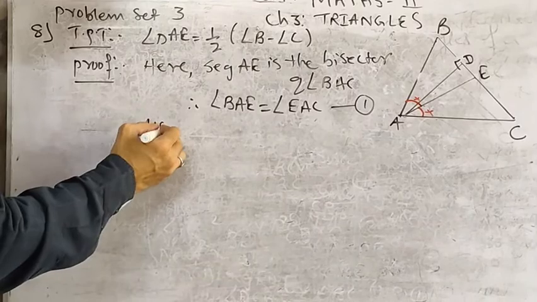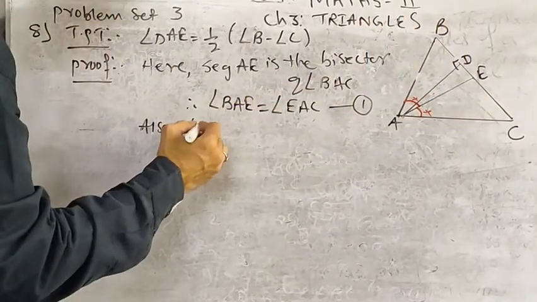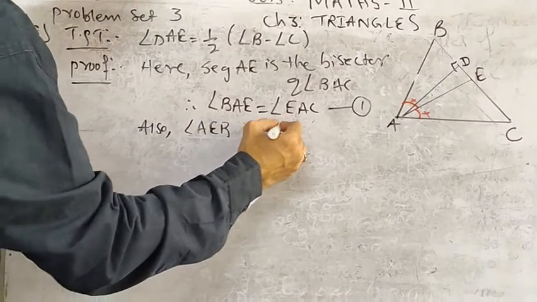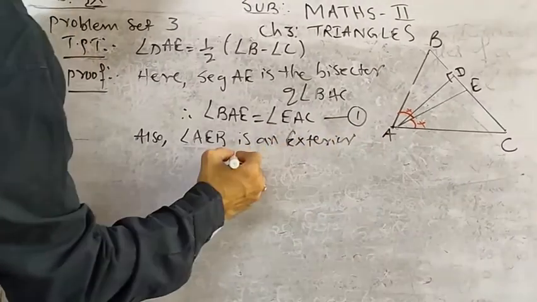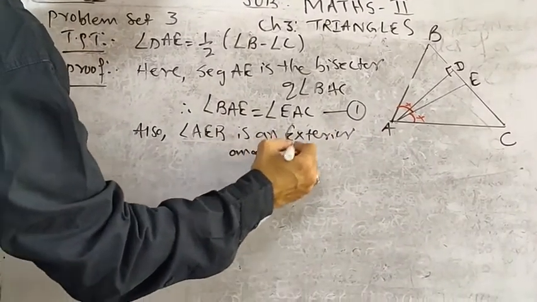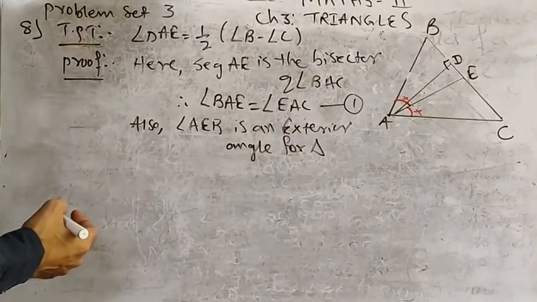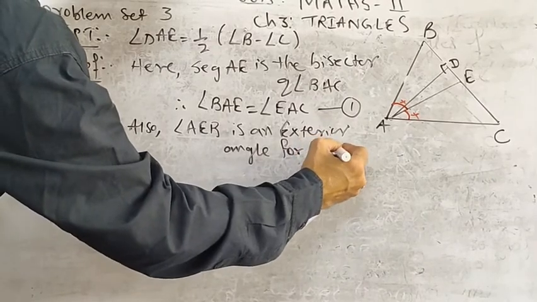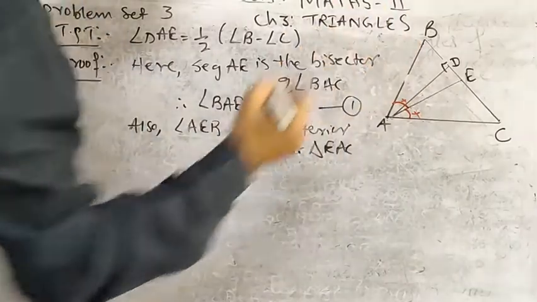Also, angle AEB is an exterior angle for triangle EAC. ये एक्सटीरियर एंगल हो गया. AEB is exterior angle.